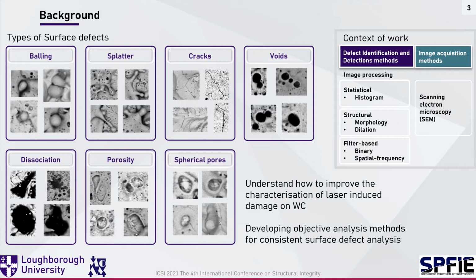My research aims to improve defect characterization in analyzing laser-induced damage, starting with cracks, to gain a further understanding of the laser material interaction when processing tungsten carbides. We do this by developing a crack identification method to analyze cracks in SEM images after laser processing.